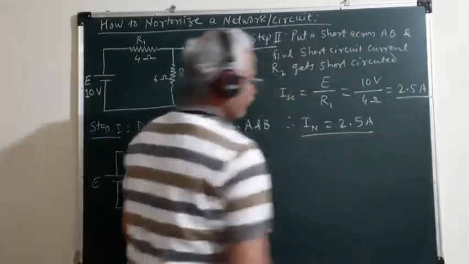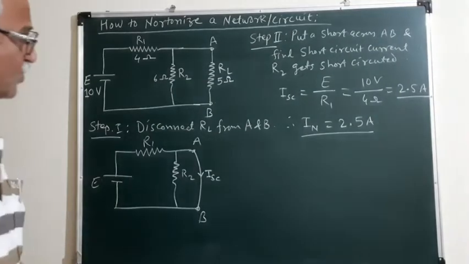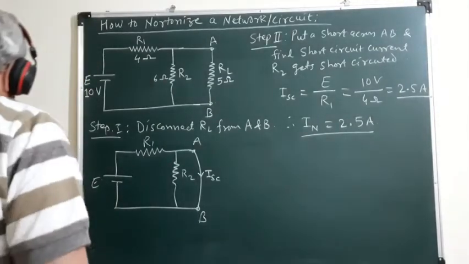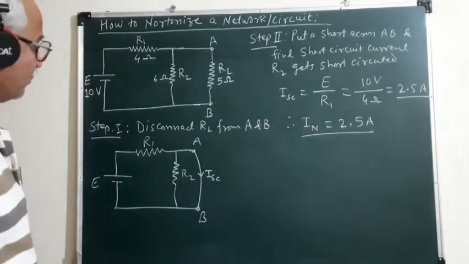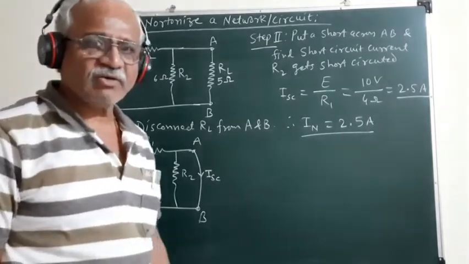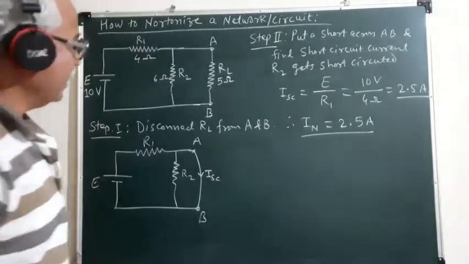This is the value of the constant current source IN, and in the next step we want to find the equivalent resistance RN.